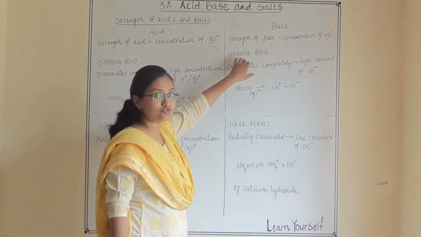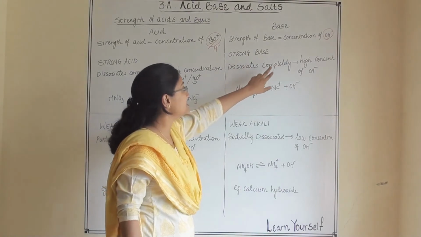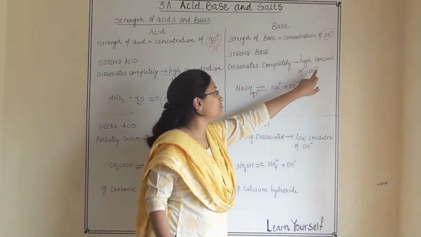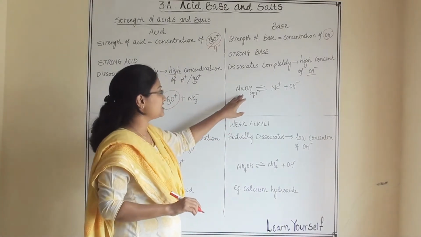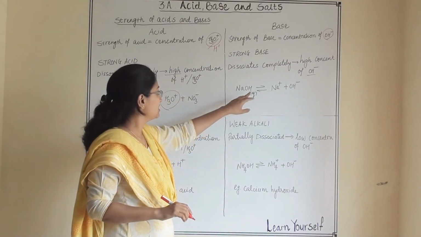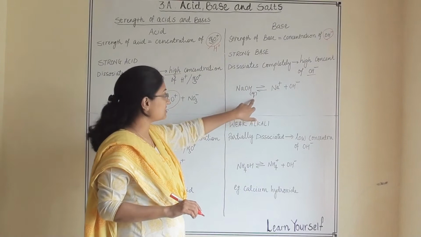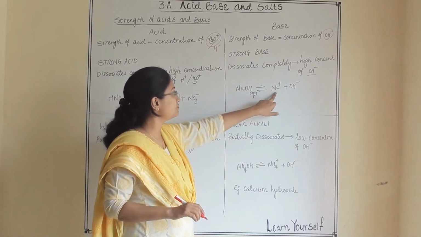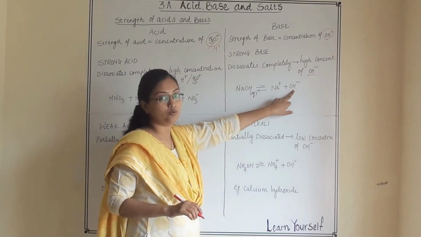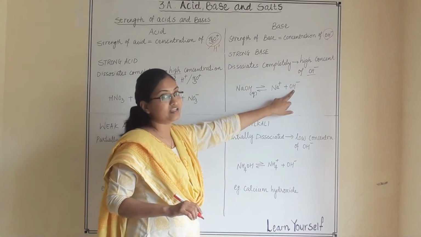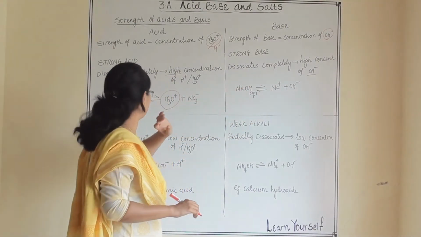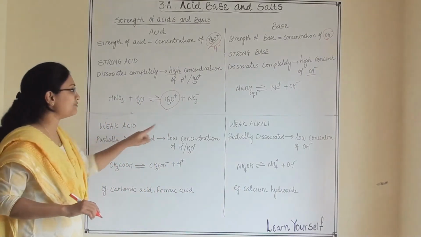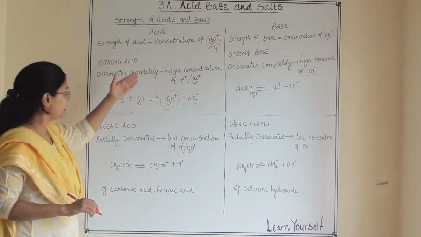Now when it is a strong base, it dissociates completely and gives a high concentration of hydroxyl ion. For example, sodium hydroxide. In aqueous phase, NaOH plus H2O gives you Na plus and OH minus. Another example of a strong base is potassium hydroxide. Now when they are weak, it is completely opposite.